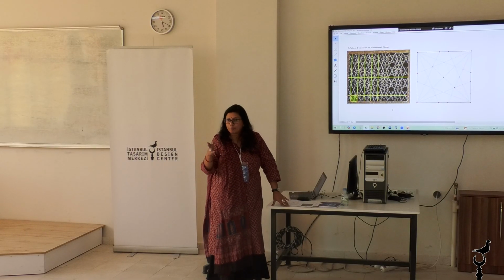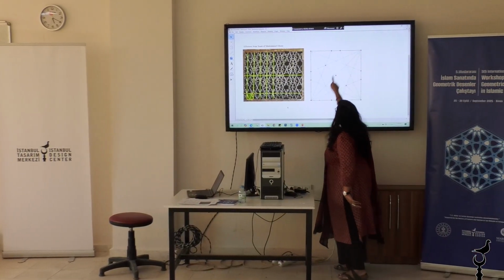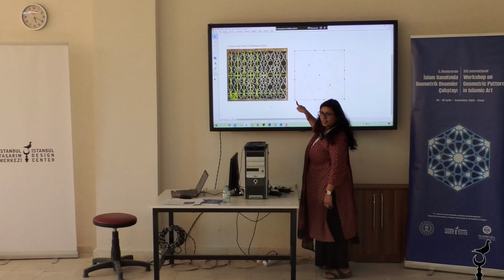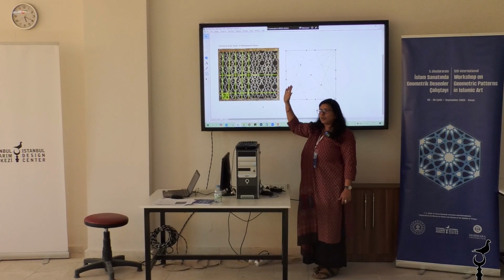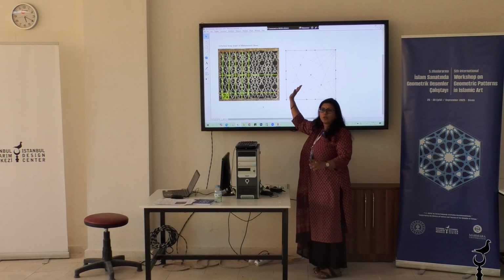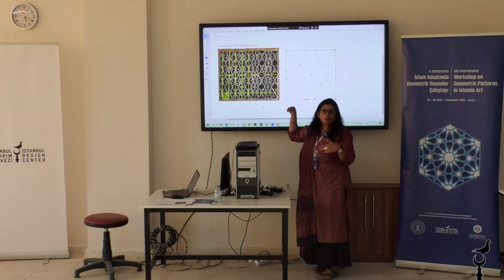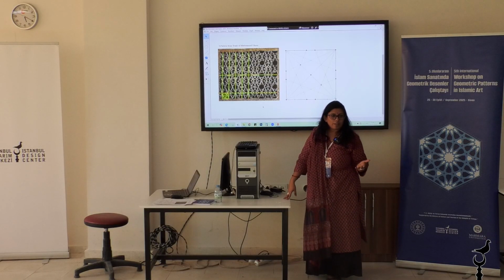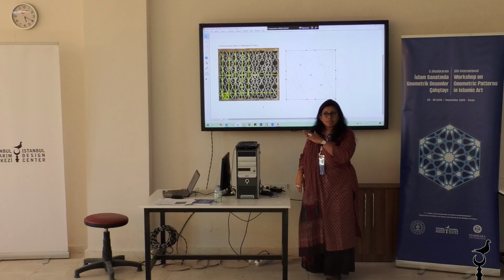So 90 divided by 4 is where you get these angles, these lines. So this angle would be 90 divided by 4 and you rotate it 4 times. Because it belongs to the family of 4 and octagons, you do that. If it belongs to a family of 5, you divide it by 5. If it belongs to a family of 6, you divide it by 6. That's where you get the angles.